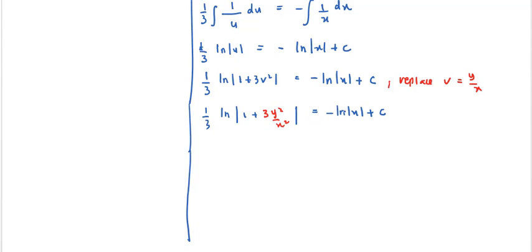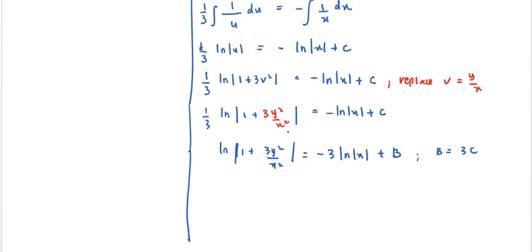Okay, so kita akan dapat ln 1 plus 3y square over x square equal to negative 3 ln x plus b. Kenapa b? Sebab dekat sini kamu darab dengan 3 kan, b ni adalah 3c, so kita replace dengan another constant.